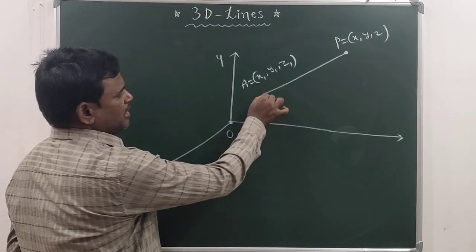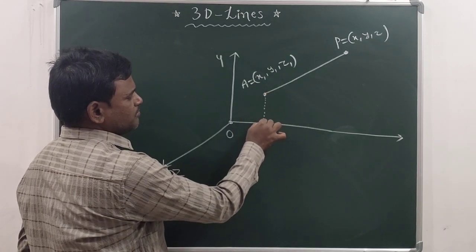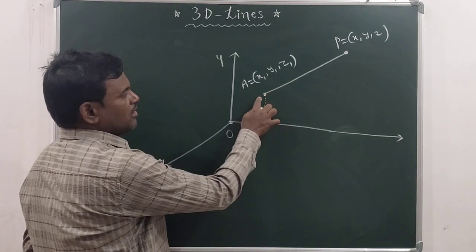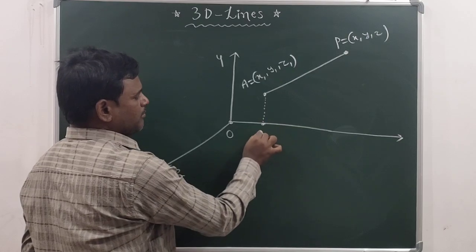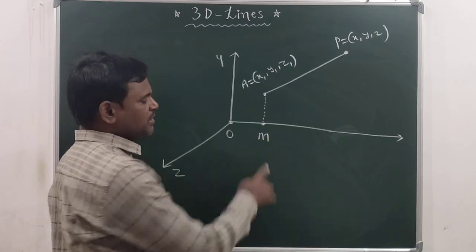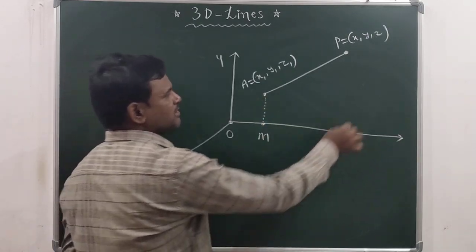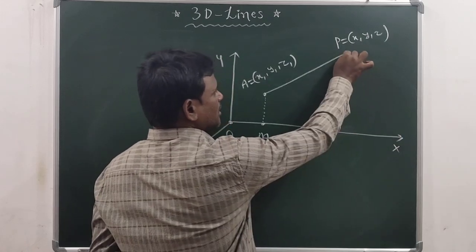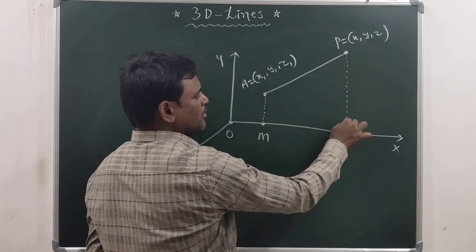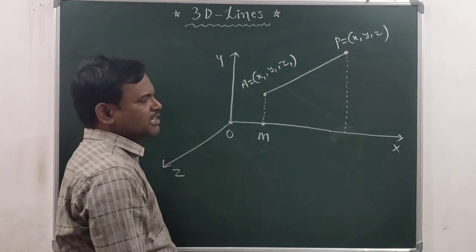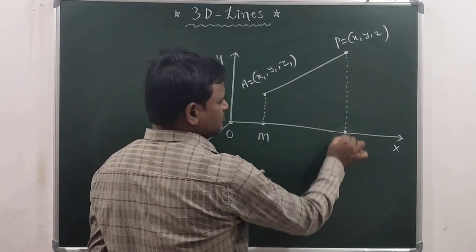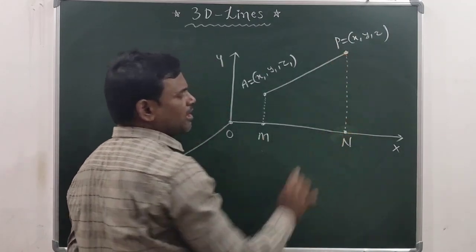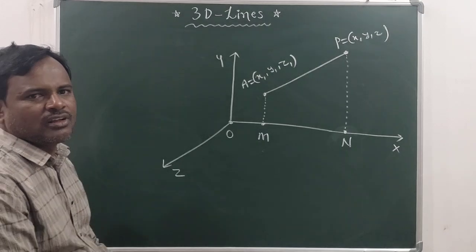Drop the projection of A on the x-axis, let it be M. M is the foot of A on the x-axis. This is the x-axis. Now drop a perpendicular on the x-axis. So this is the foot of P on the x-axis.